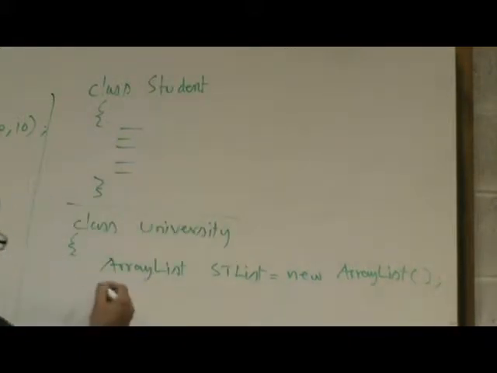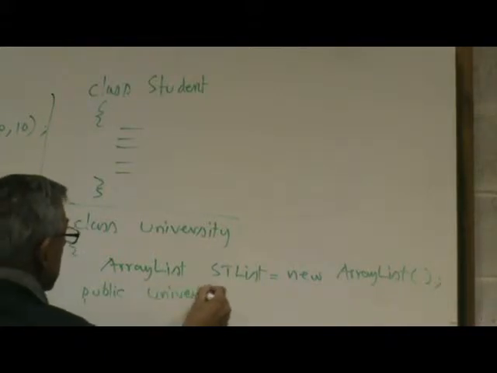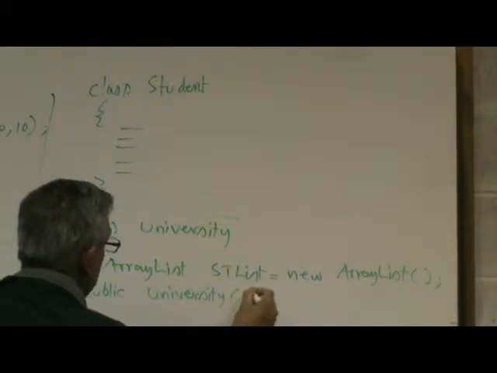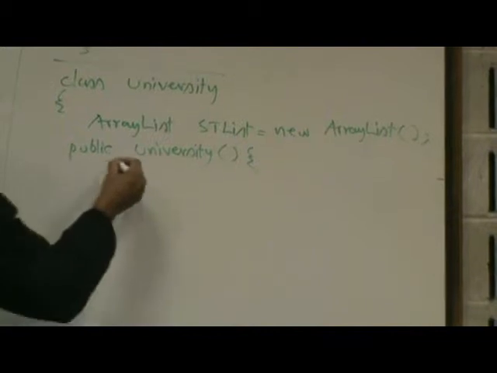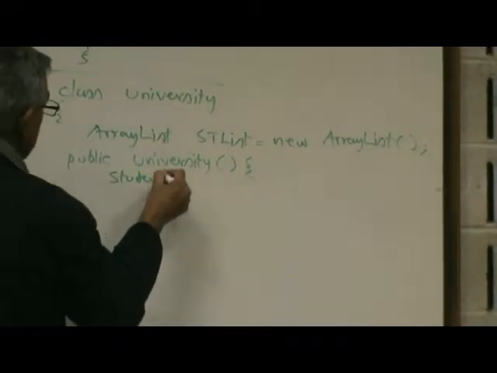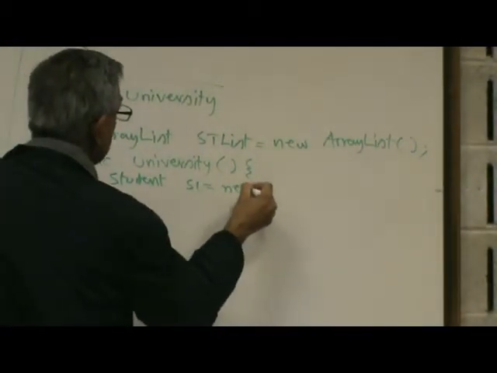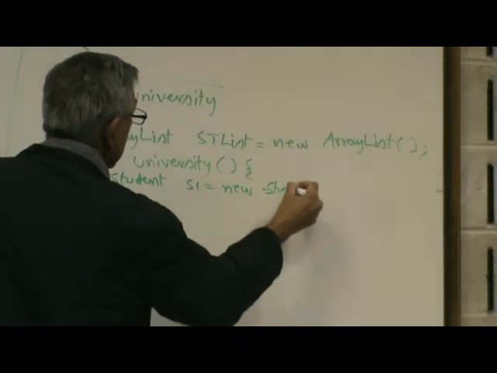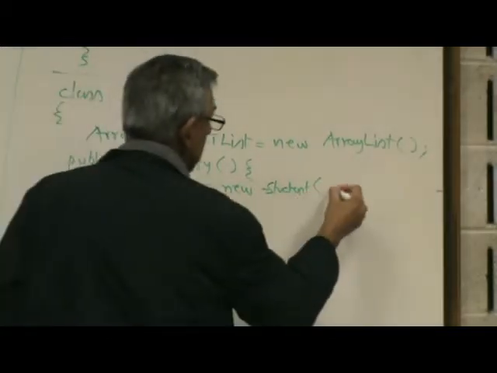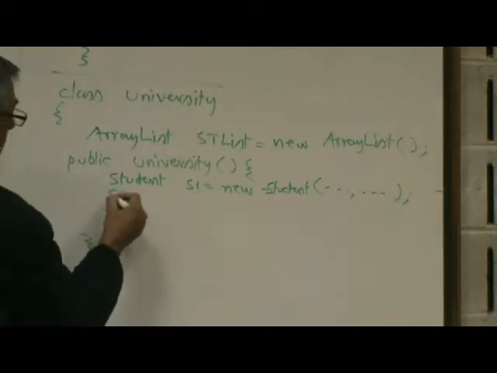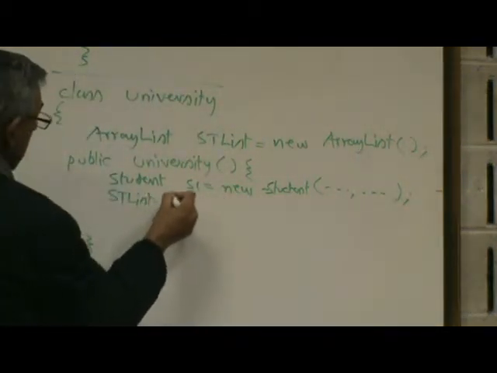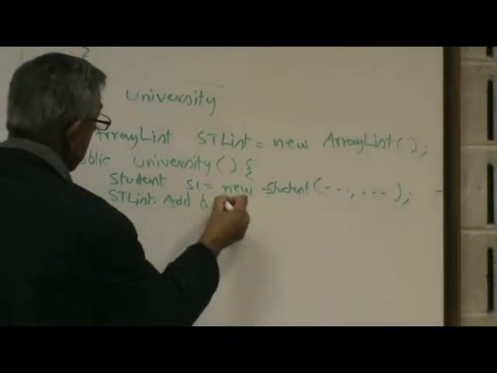And then in the constructor, let's pretend we create several students. So we say Student S1 equal to new Student, and whatever initial data we put, and then we say stList.add(S1), right?